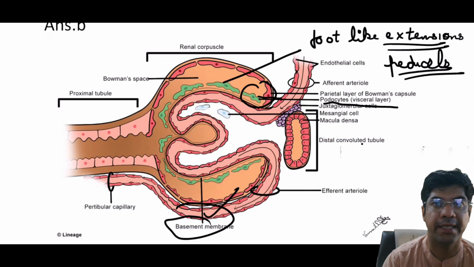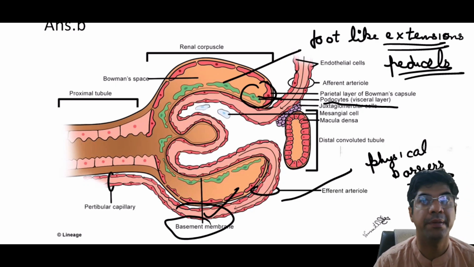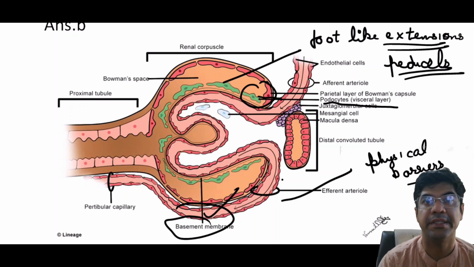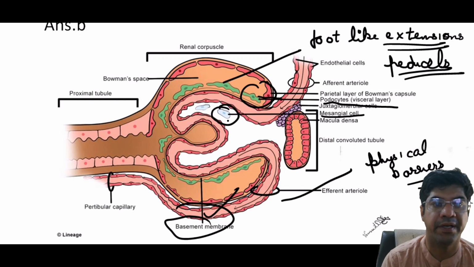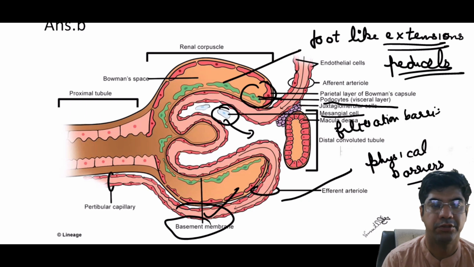So it acts as a physical barrier to the passage of large molecules. So your answer would be mesangial cells. These are not part of the filtration barrier. They are located outside the filtration barrier. So your answer would be mesangial cells.